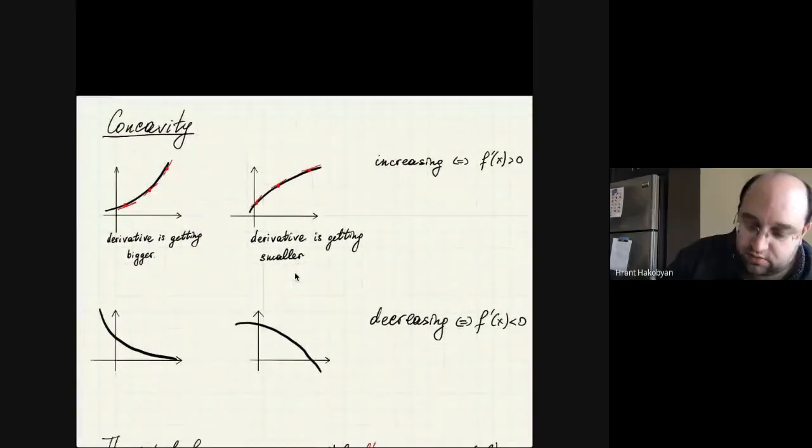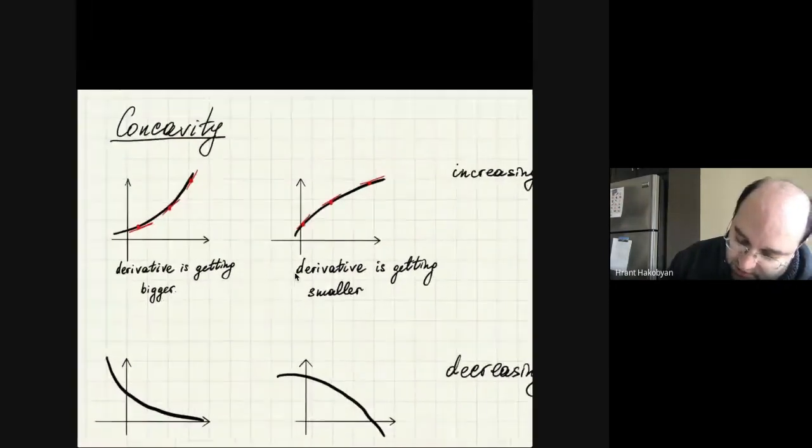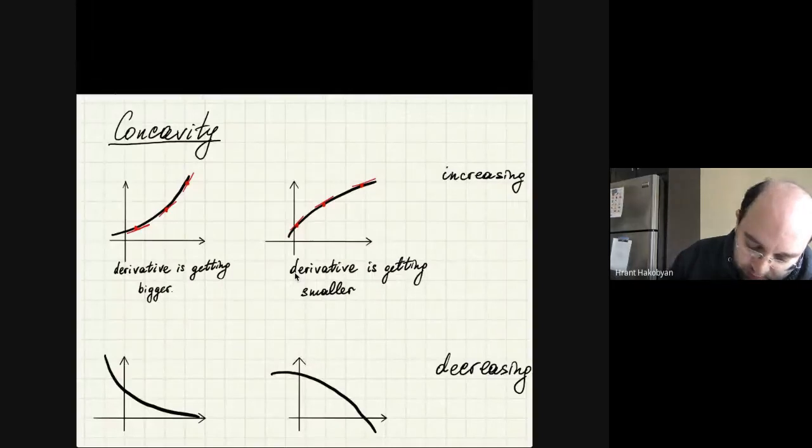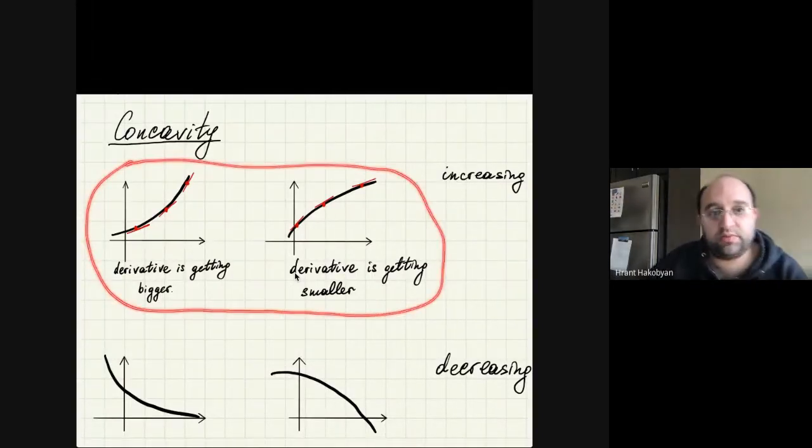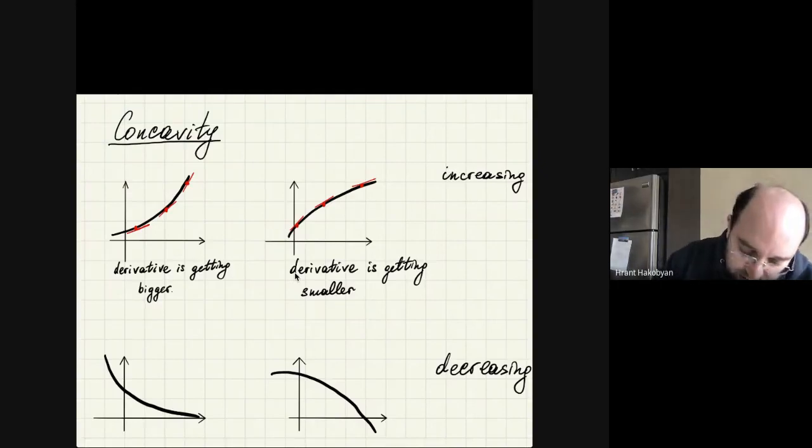So geometrically it's also clear that even though both of these functions are increasing, this one here is bending up, because the derivative is getting bigger and bigger, while the other one is bending down, right?